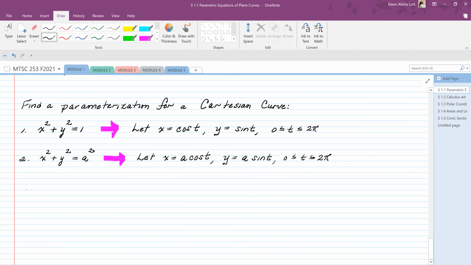Here's another curve. x squared over a squared plus y squared over b squared is 1. So what is that? What's that conic section? I went from a circle to what? Anybody know what that is?